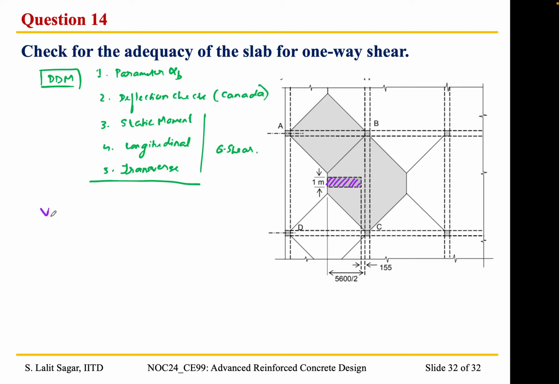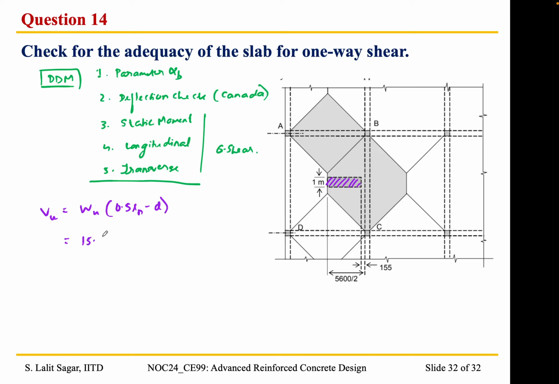Now what would be the shear force? Shear force is given by Wu into 0.5 ln minus d. Here ln refers to the clear span, so I will just substitute all these values and find out the shear force.